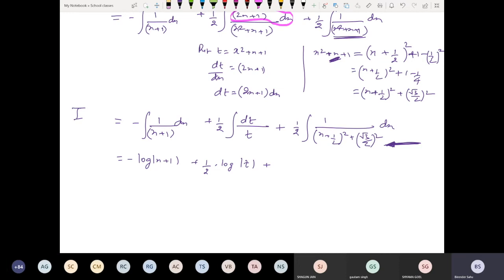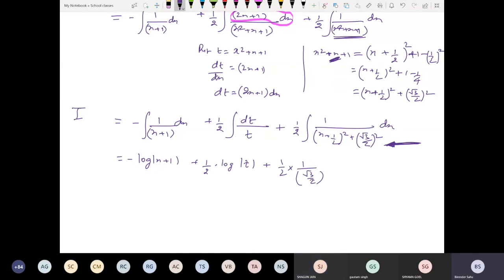What is the formula? Sir, it is 1 upon a into tan inverse x upon a plus c. Very good, beta.